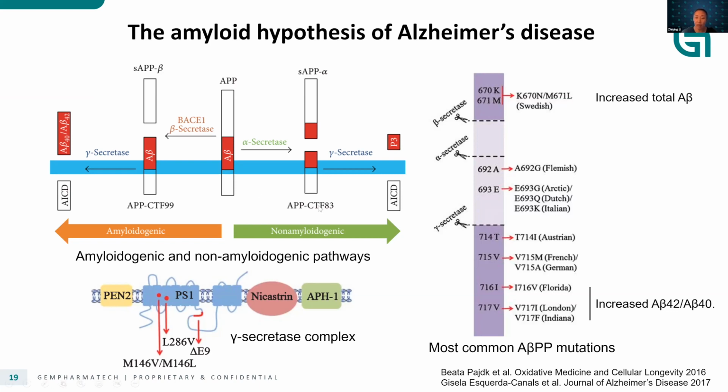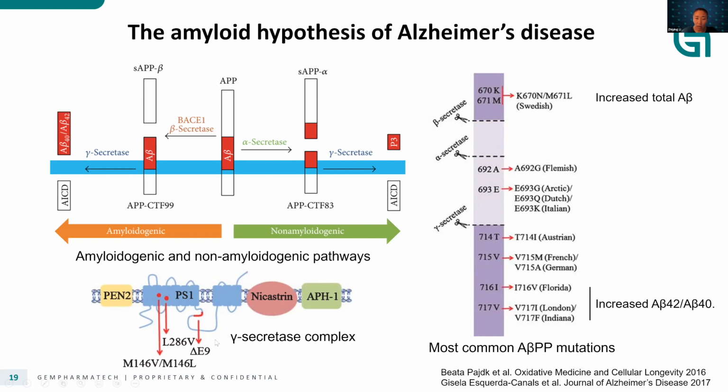One of the ways, on the right side, does not lead to pathogenesis of Alzheimer's. However, if the protein is cleaved by beta secretase followed by gamma secretase, there's a production and accumulation of A beta 40 as well as A beta 42. And the accumulation of these peptides will lead to amyloid plaques in the central nervous system.